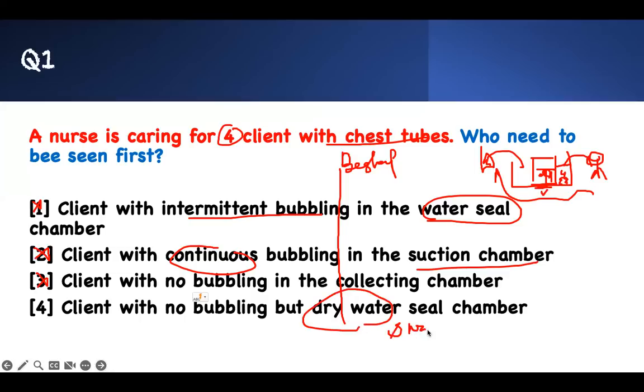There should be water there so that it can act as a water seal chamber. So that one we need to intervene, even though it has no bubbling, which is good, but it's dry. There should be water up to a certain level to help act like a water seal chamber. This is the first question to stimulate your mind, as I promised you. Let's go.